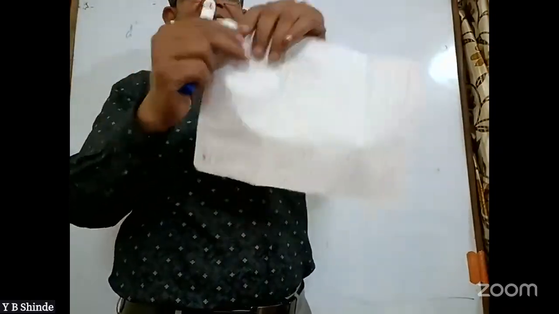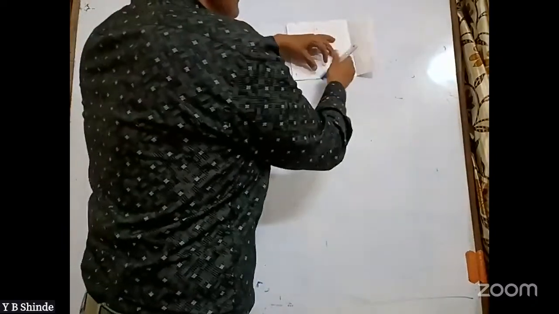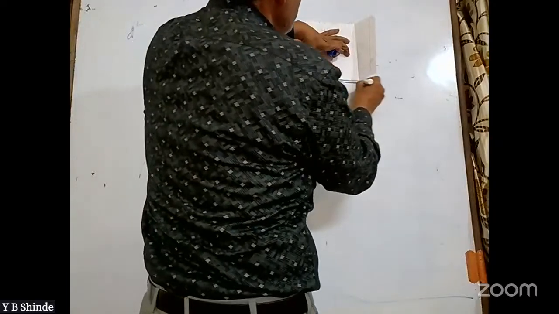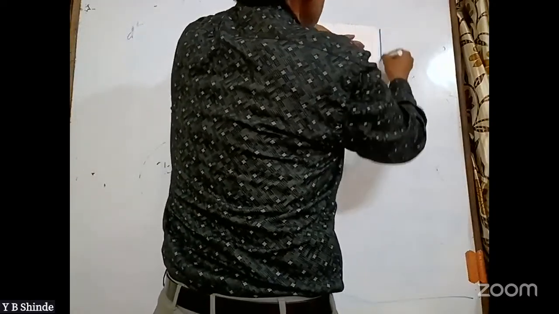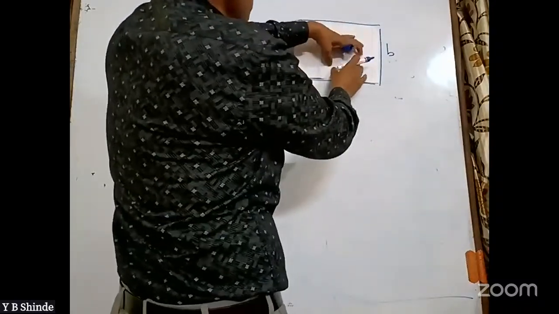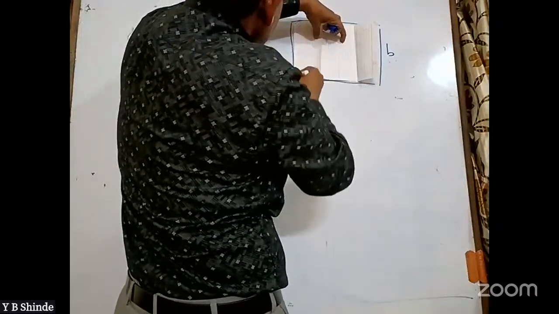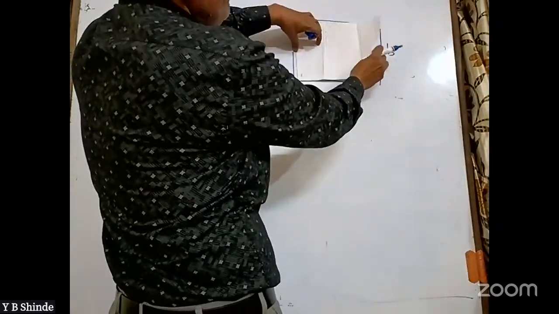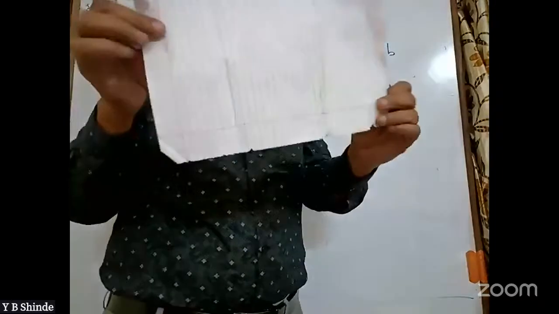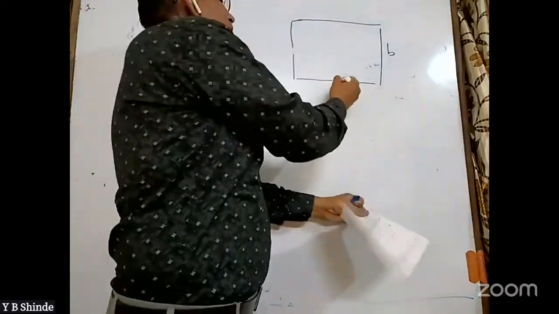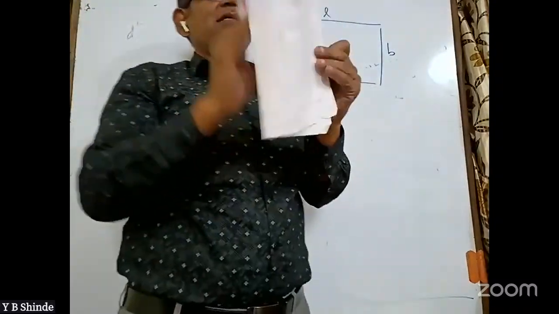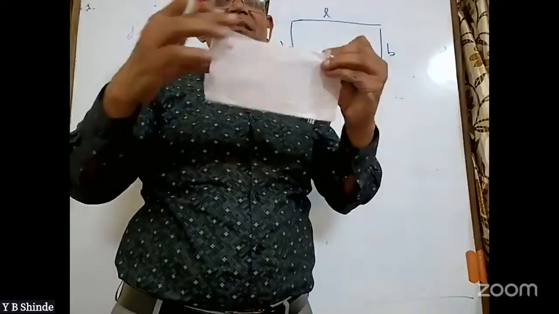It has length and it has breadth, L and B. I will form a right circular cylinder from this. When we fold it like this, this was your rectangle, L, B, I have formed a cylinder here.